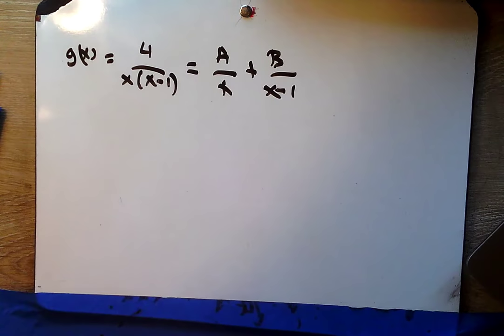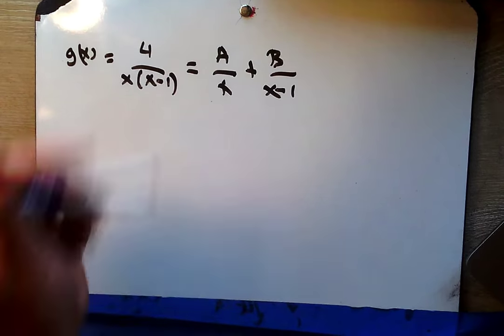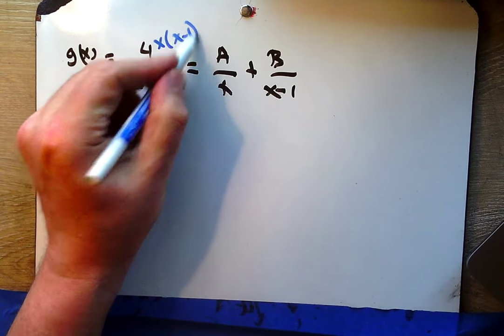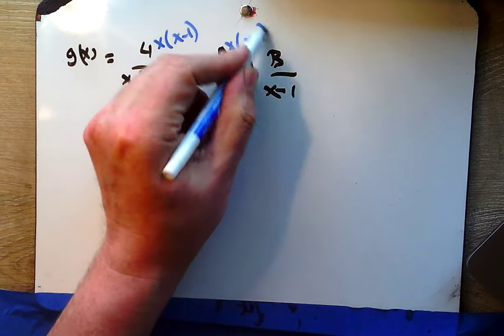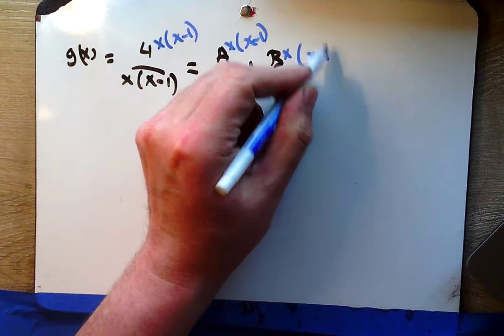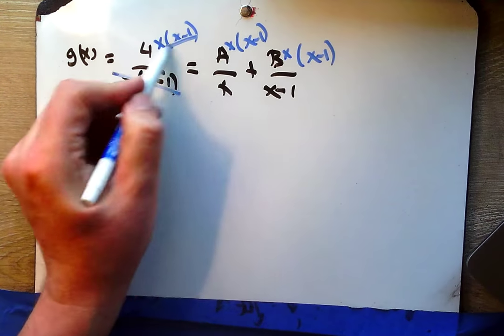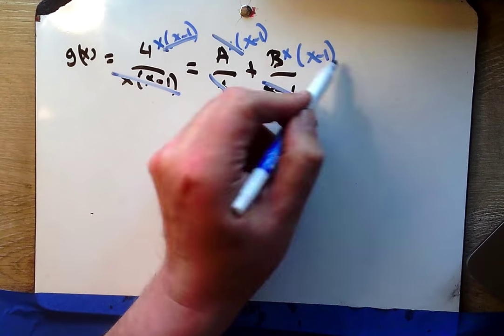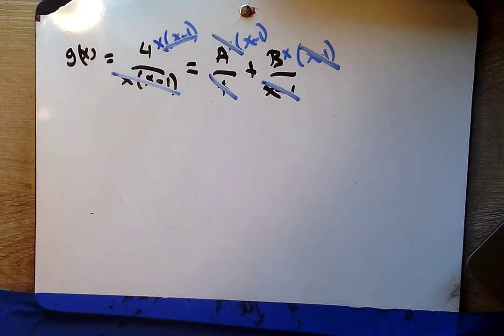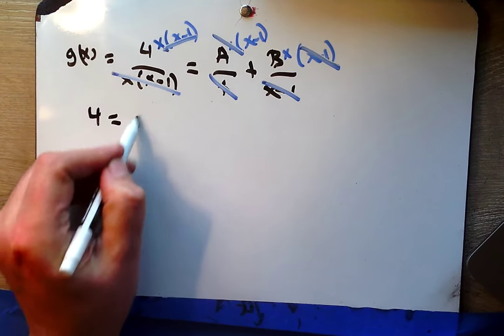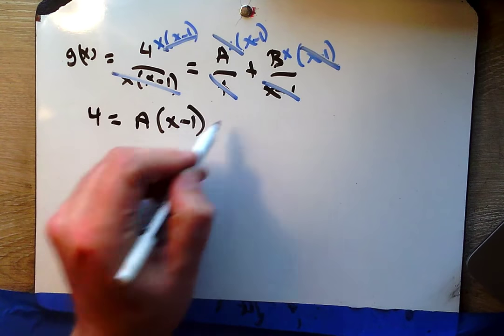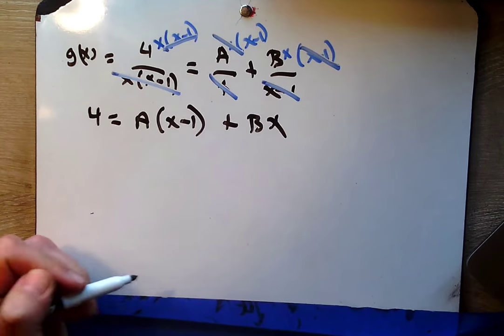When I multiply everywhere by the least common denominator, I've got lots of canceling. And so now we've got 4 equals a times x minus 1 plus bx.